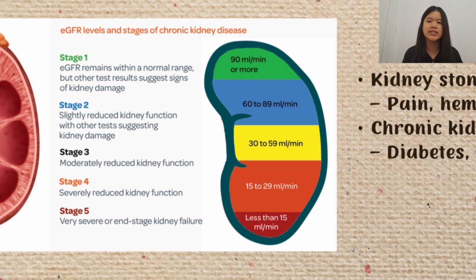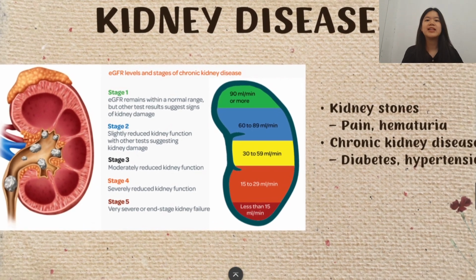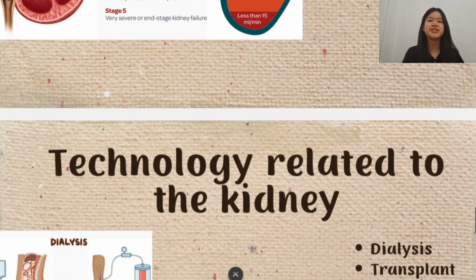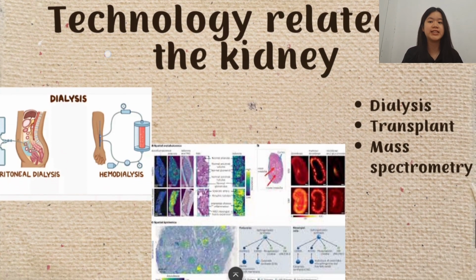CKD is clinically staged based on GFR, the glomerular filtration rate value. When GFR falls below 15 ml per minute, the condition progresses to end-stage renal disease, which requires renal replacement therapy.